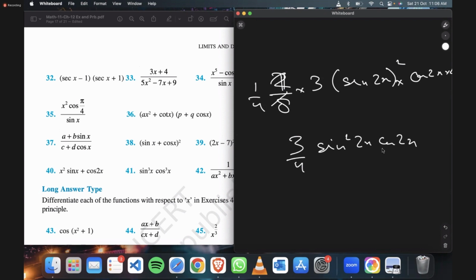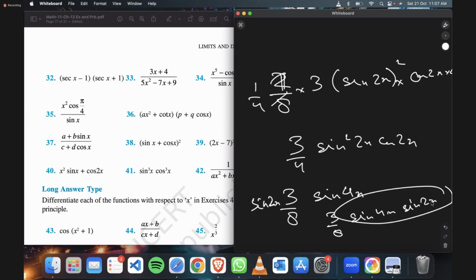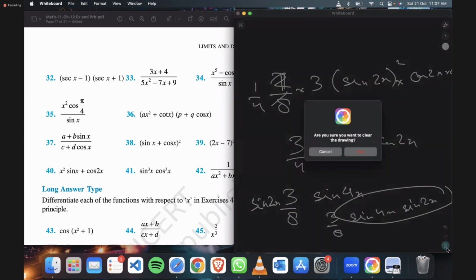Again sin 2x cos 2x, I can write it together, club it. So 3 by 8 sin 2x is there as well. 2 sin 2x cos 2x will be sin of 4x. So 3 by 8 of sin 4x and sin 2x. Alright. Let's move on.